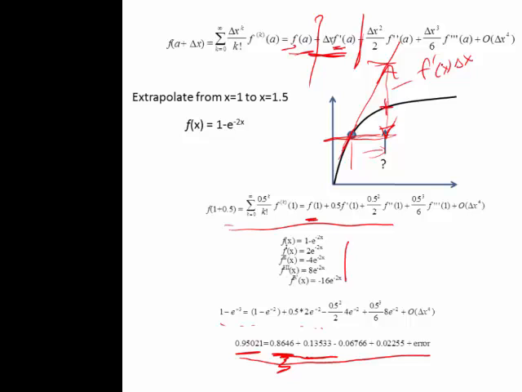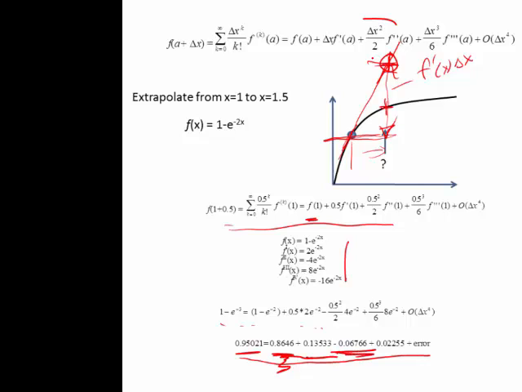So when I add the first and second term together, I get this value right up here. So I'm overshooting. Then when I add in the third term, it's that value down here after I do the calculations.